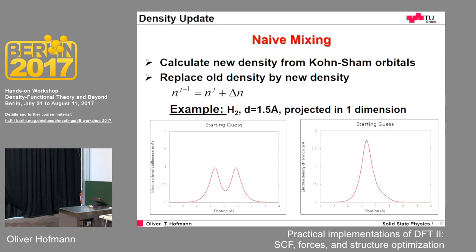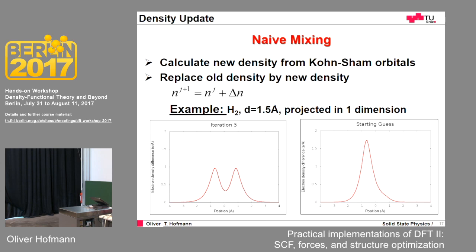And then I projected the electron density into just one dimension. So here would be one nucleus, here would be the other nucleus, and this is then the distance along the connection of the two hydrogen atoms. And if our initial guess looks like this, which already looks very reasonable, and then we just take the output, well, you can't basically see the difference as the iterations go by. We've converged to the correct electron density very quickly.